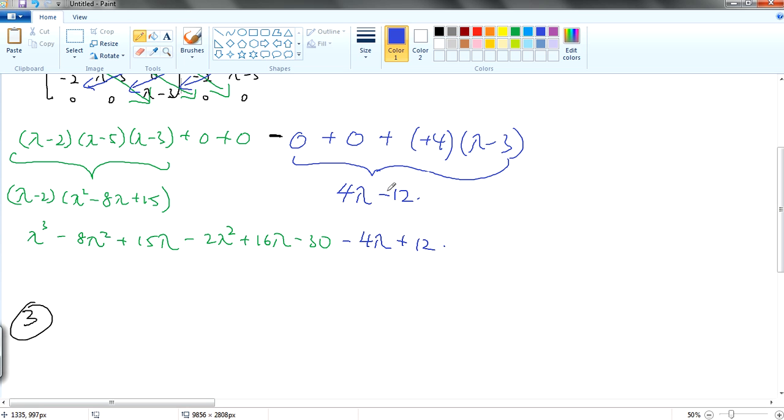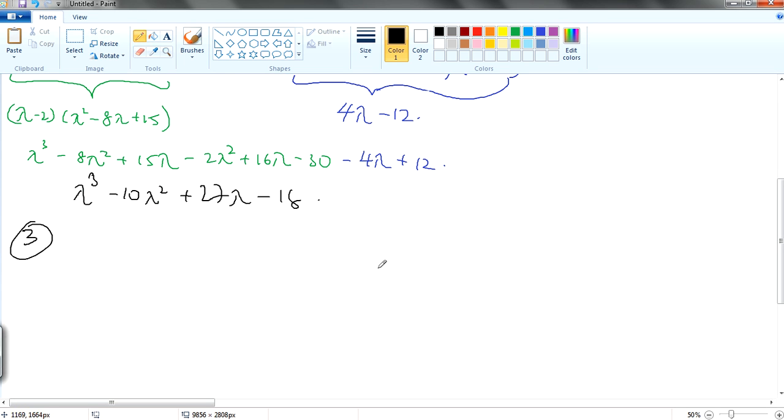Okay, that's cool. So let's rewrite the equation. Lambda cubed minus 8 lambda squared plus 15 lambda minus 2 lambda, minus 10 lambda squared plus 31 lambda minus 4, 27 lambda, and then minus 30 plus 12 is minus 18.